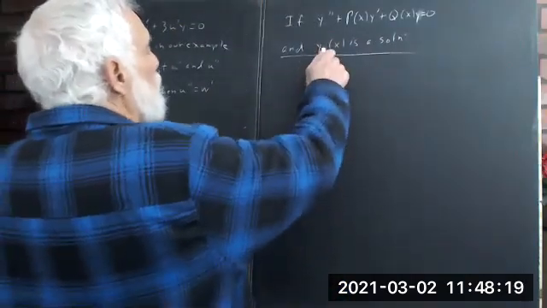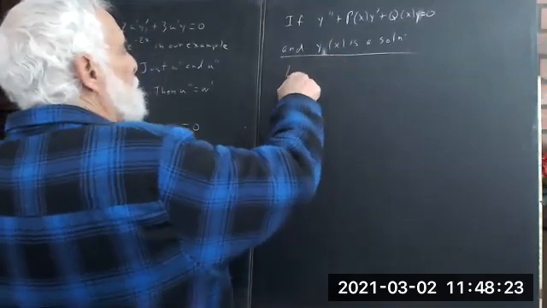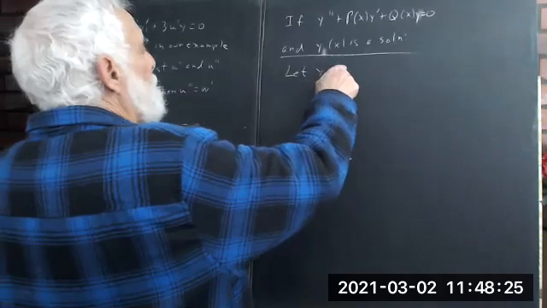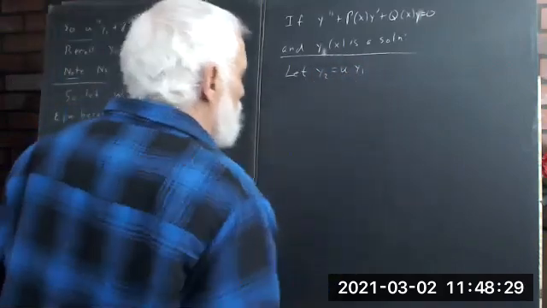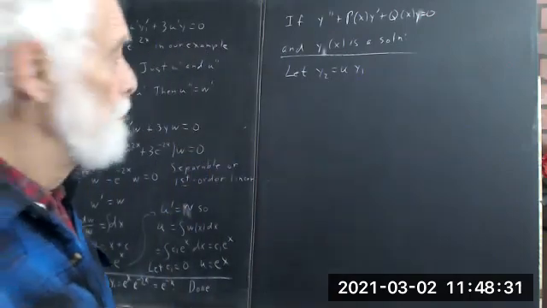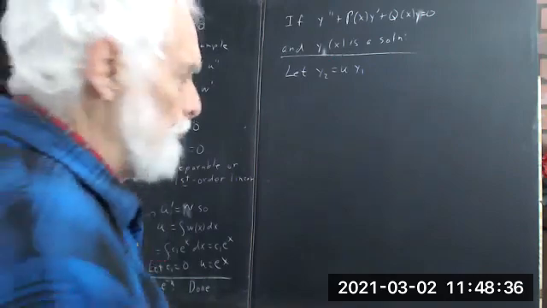In this case, let's let this be y1 of x. We want to find y2 of x, and let y2 equal u y1. The derivatives are no different.